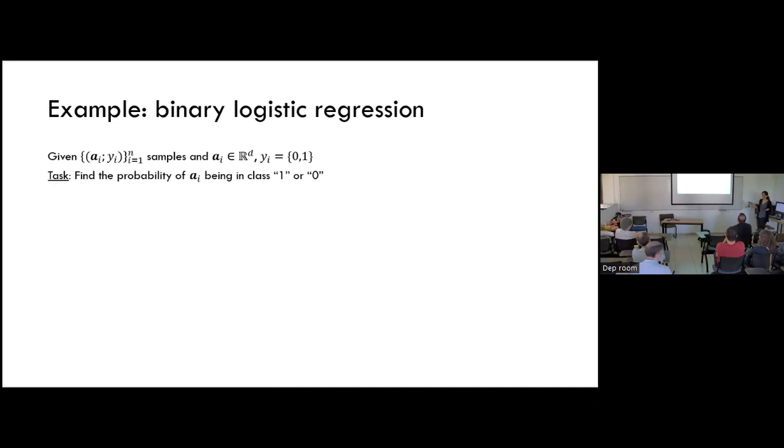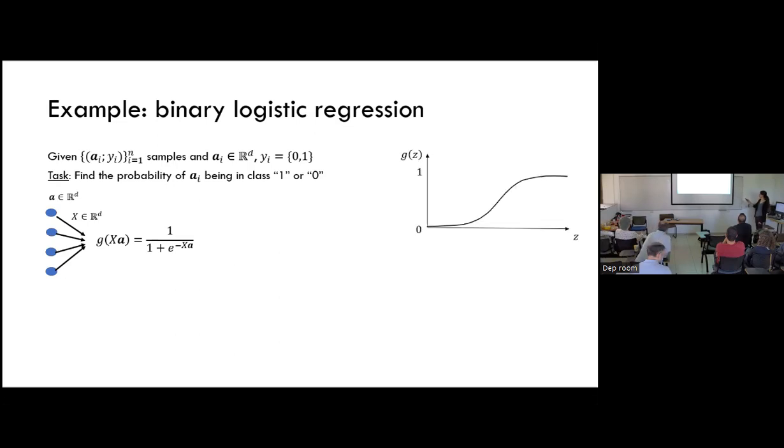What I will do is try to find the best parameters x such that I have a good mapping between a_i and y_i.